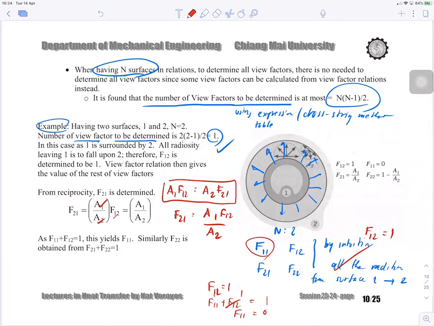So the relationship is going to give you the F21. And then once you know the F21, F21 plus F22 is going to be equal to 1. You substitute this into this and solve for the F22. Done. Okay, that's the example.